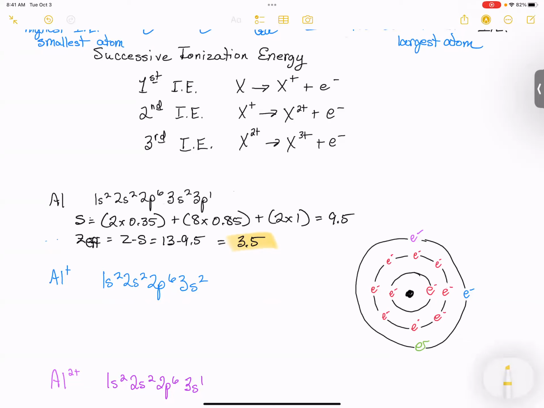Now, we are going to remove an electron, or let's say we take one electron and we pop it off. We remove that electron so that it is completely gone from the structure.